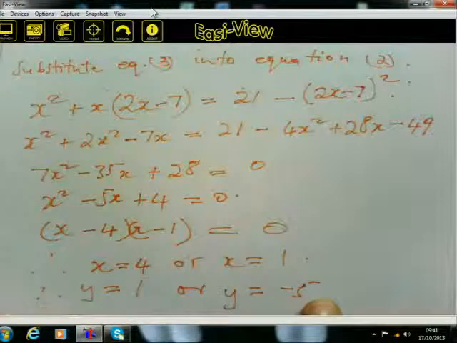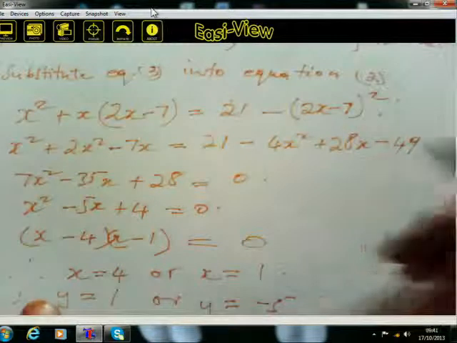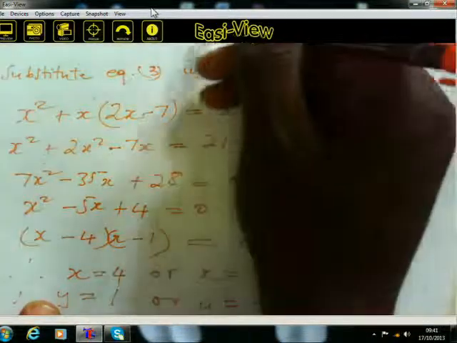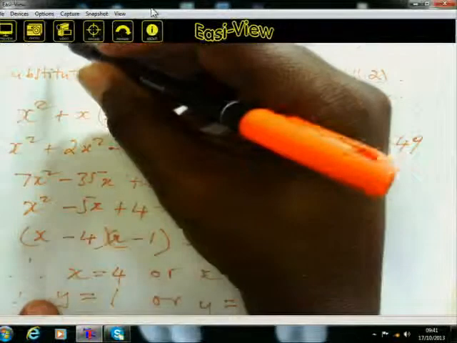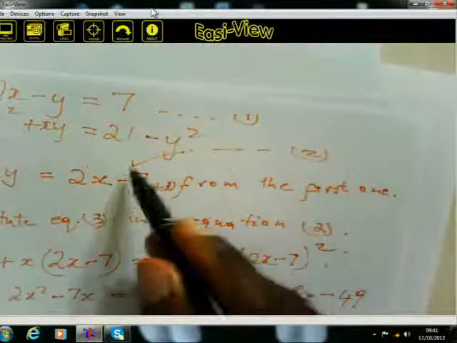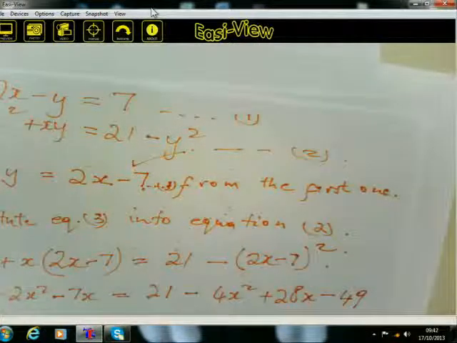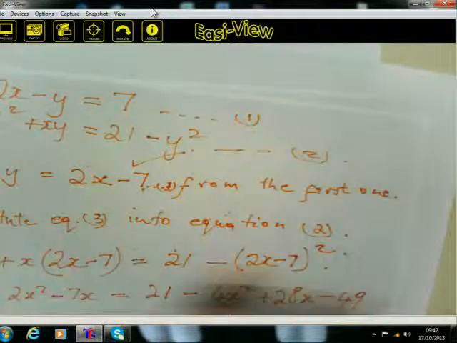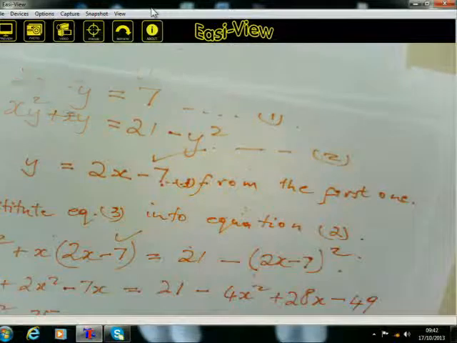Now, this is going to count 7 marks, right? Now, 7 marks in which way? Let me see. Here, we have taken y to be the subject of the formula. That is going to be a mark for this one. And then, for the substitution, we are going to have a mark.